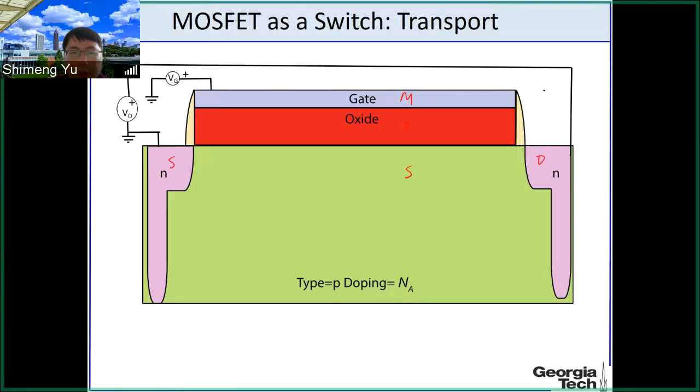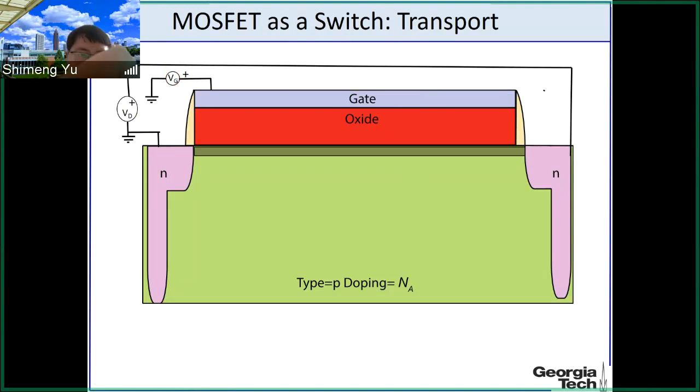Then we can have current flow between the source and drain. Let's review what's going on here. Let's assume the drain voltage is 0 to start with, and we only apply the gate voltage Vg. So this is similar to a MOS cap in the last lecture.